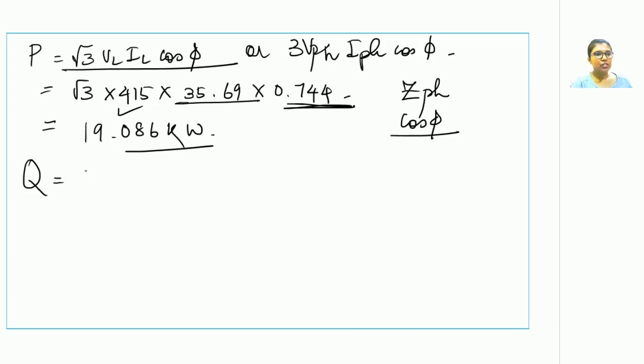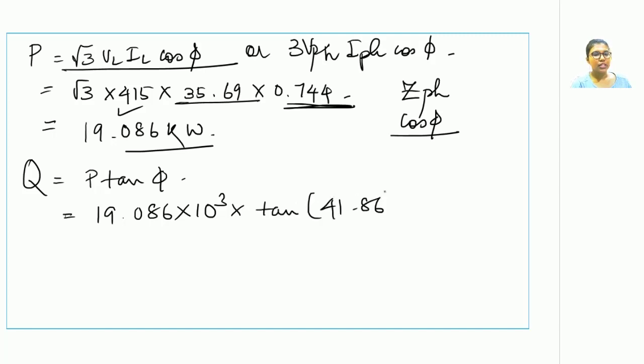Likewise, we can obtain the value of reactive power. There are three expressions, however, I shall be using P tan phi. 19.086 multiplied with 10 raised to the power 3 into tan of 41.86 degrees, which comes out to be 17.101 kilowatt.